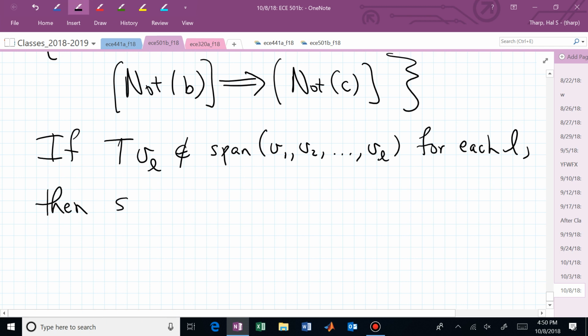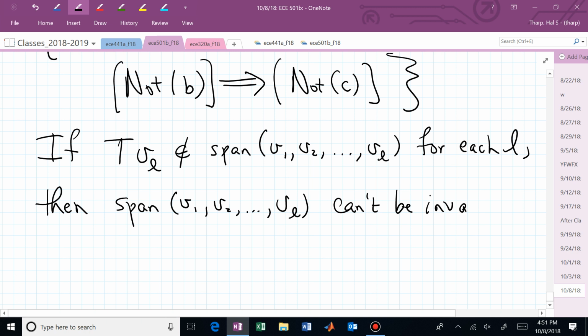Then the span of V1, V2, up to V sub L can't be invariant. If TV sub L is not in the span of V1 through V sub L, then it's not in that original list of vectors, so it's not invariant. We're not going back to where we came from.